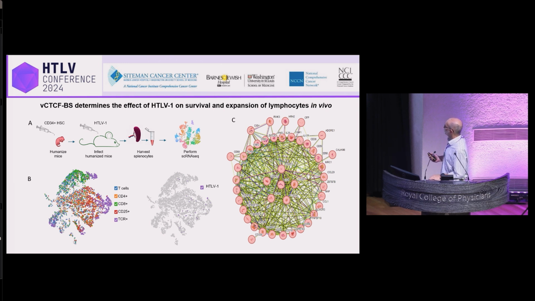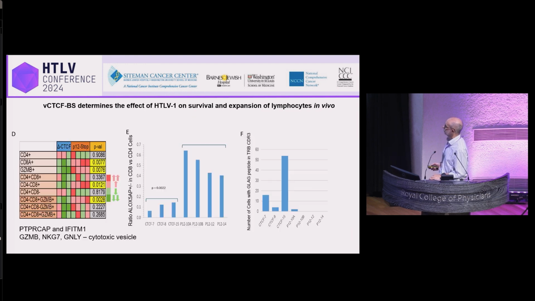In the CD4 lymphocytes, we could see overexpression of genes associated with ATL, including CADM1, FOXP3, CD28, CTLA4, and IL-2 receptor alpha, and a number of other genes as noted here by STRING analysis.